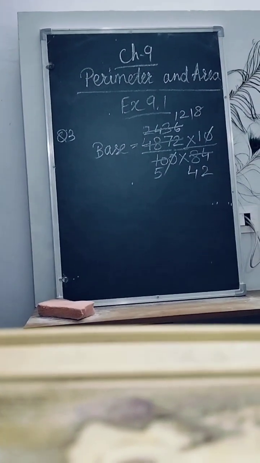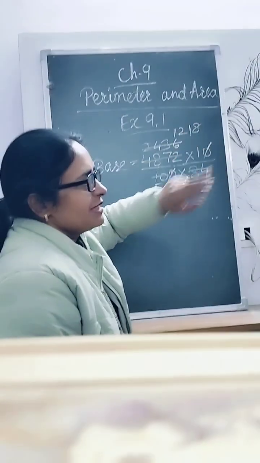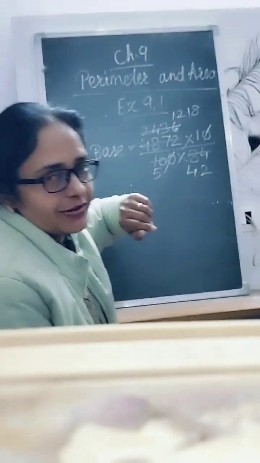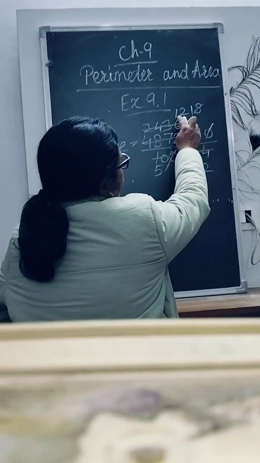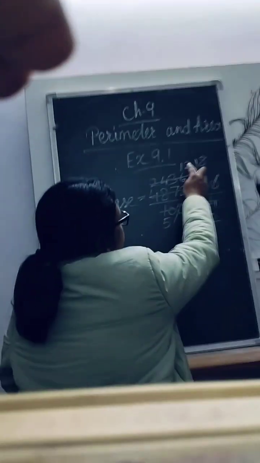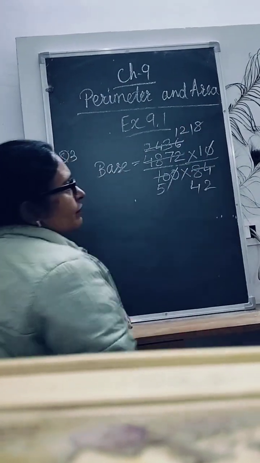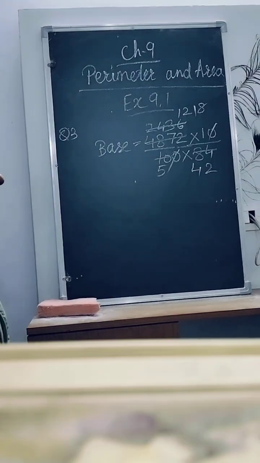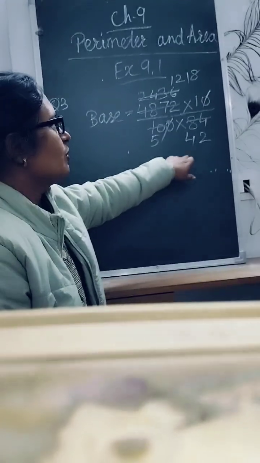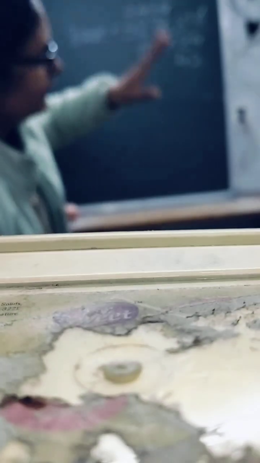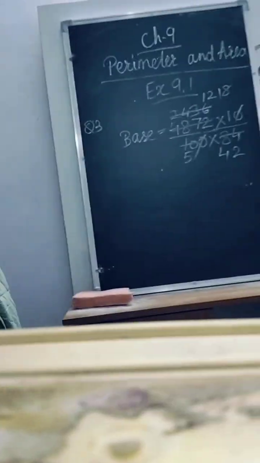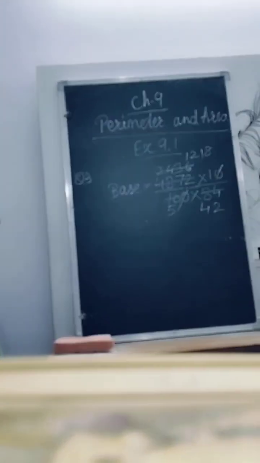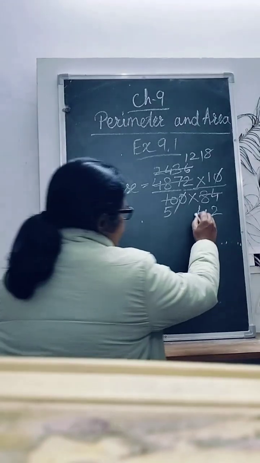So I decided to see whether it is divisible by 3, then we can divide straight away with 6. Now 1 plus 2 is 3, 3 plus 1 is 4, 4 plus 8 is 12. So 12 is divisible by 3. As the number is divisible by both 2 and 3, it will be divisible by 6 also. So I am taking the divisibility by 6.